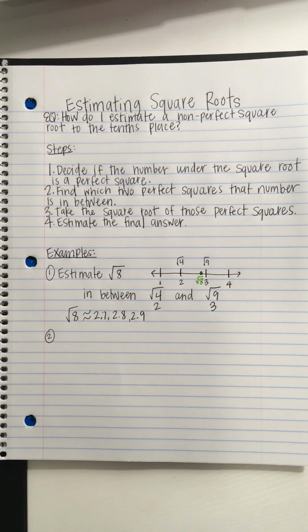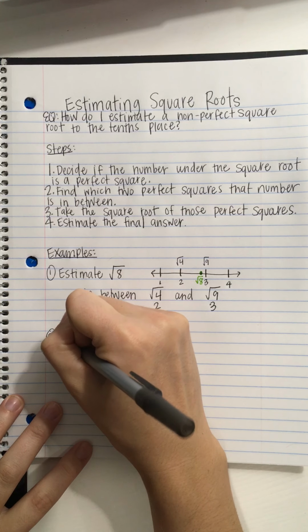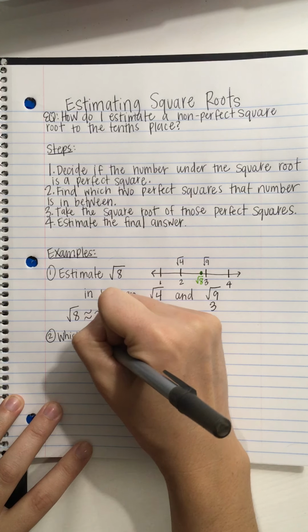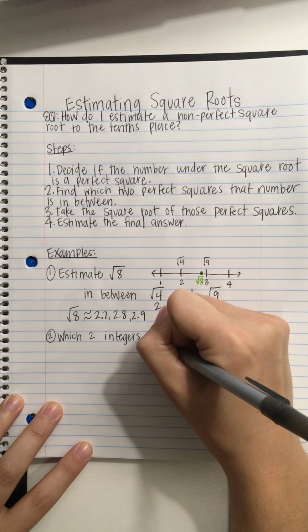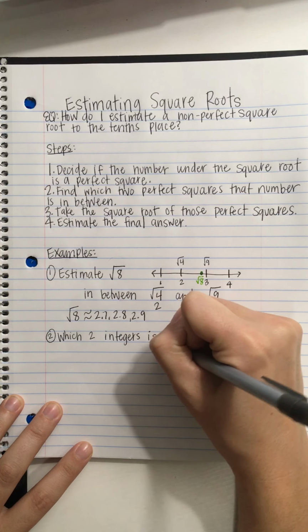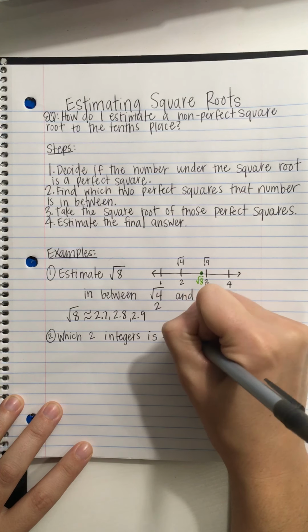Okay, if I asked you which two integers is square root of 74 in between? If that was my question, which two integers is square root of 74 in between?